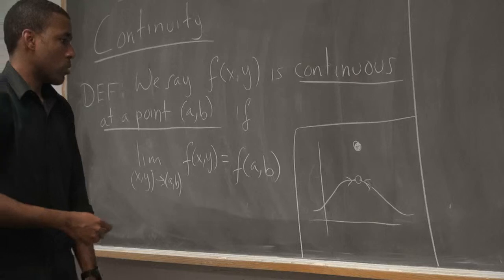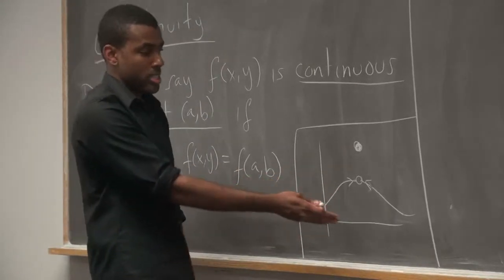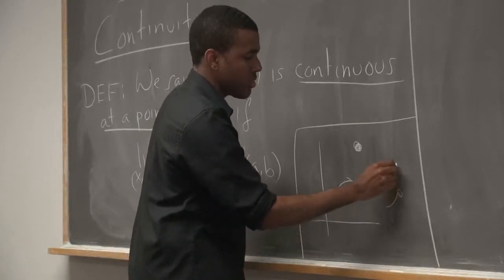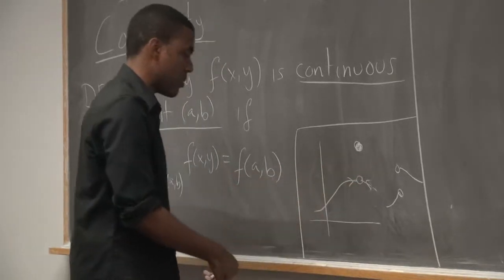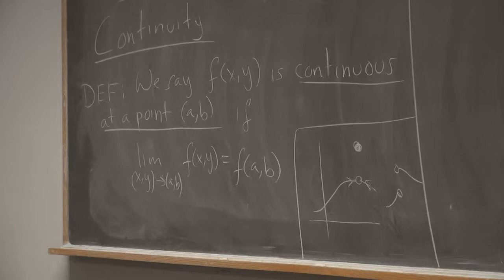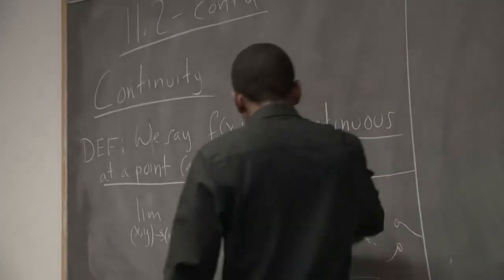That's the case where the limit can exist, but it's not continuous. And there are cases where it's not continuous because the limit does not exist, which I showed an example of last time. So we know something is continuous if the limit exists and it coincides with the value of the function at that point.